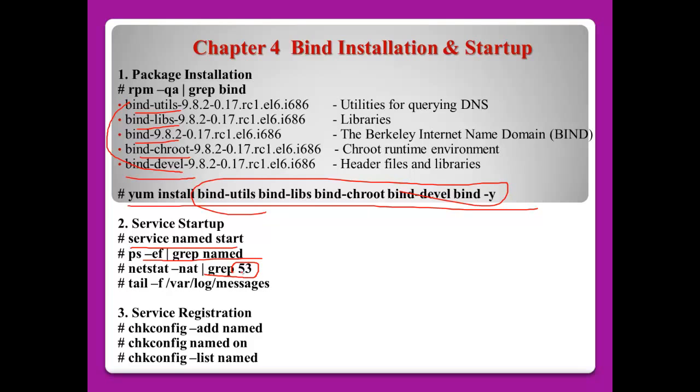Normally, DNS uses port number 53. If you want to check whether named started or not using the log file, use this command, tail -f /var/log/messages. And after that, if you want to register this service to each run level, you can use this kind of command.